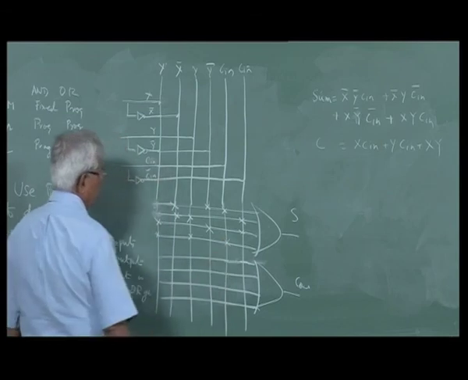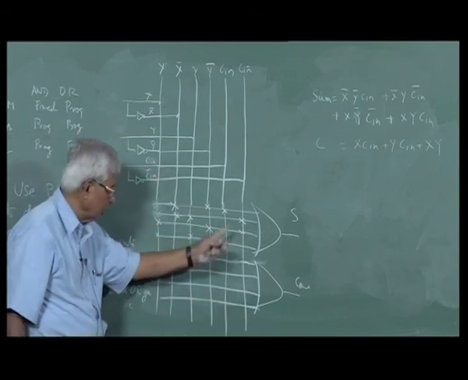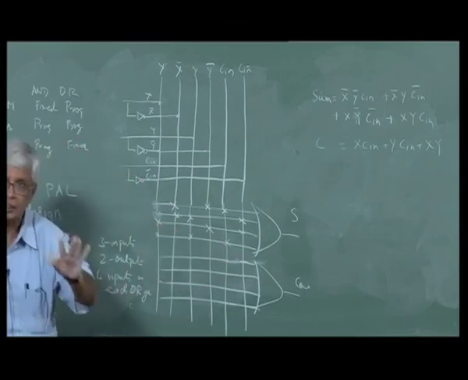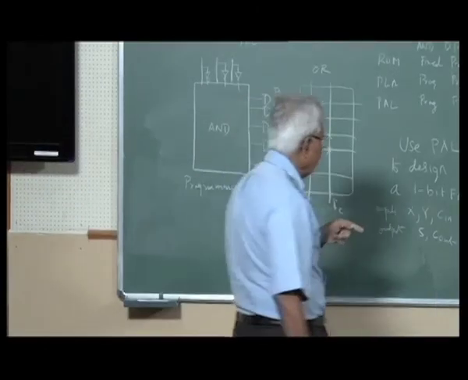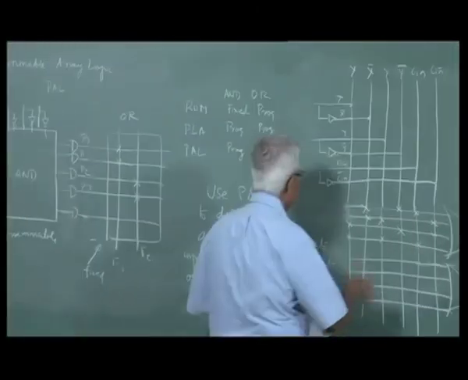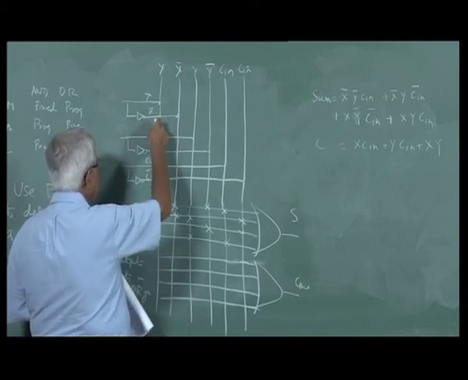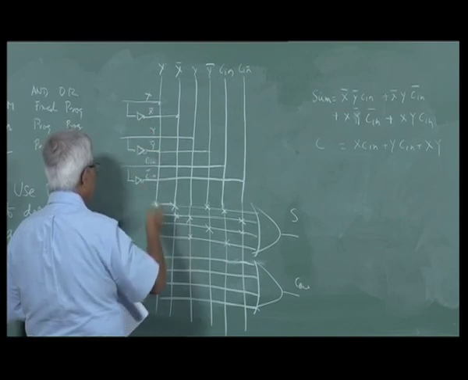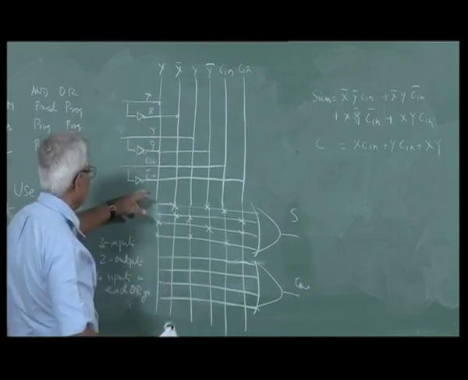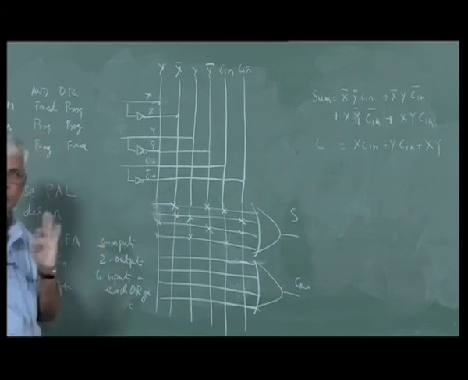So I program this OR gate; 4 inputs are given, you cannot change it, but what are these 4 inputs? What product terms? These are AND gates. Which of these inputs x bar, y bar, C in bar will go into each of these, we can decide. That is the programmable part of it.